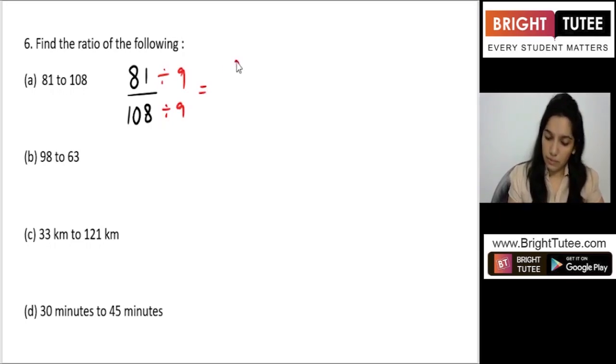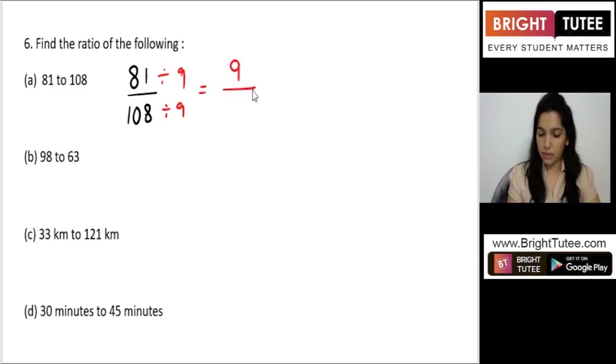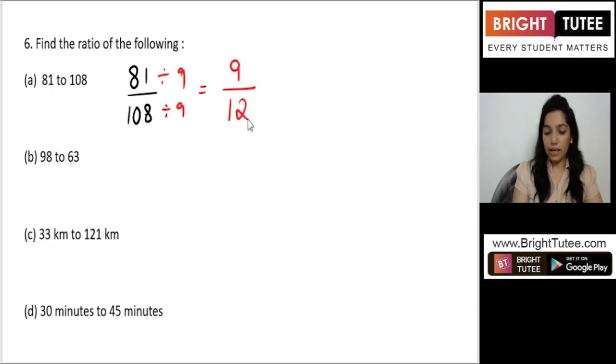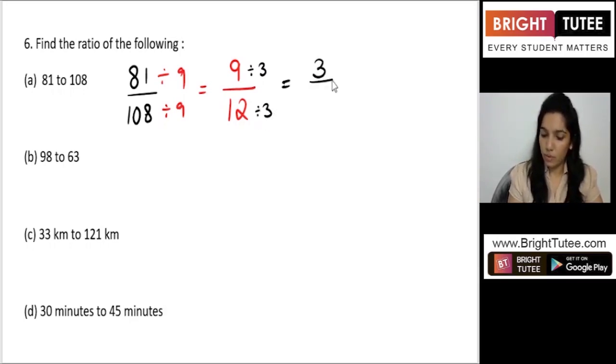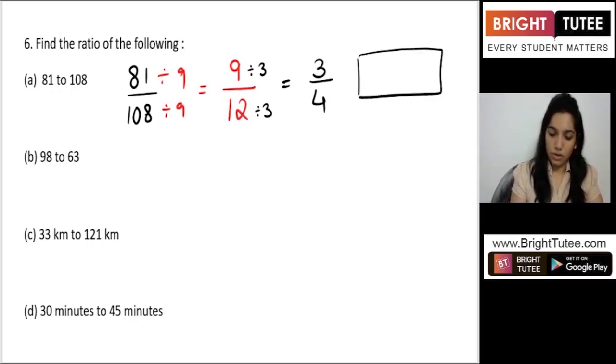So here it comes 9 times 9 is 81, and here it comes 12 times 9 is 108. Now again I can further simplify it, because 9 and 12, they are both in 3 times table. So the answer is 3 over 4. So we can write down the ratio as 3:4.